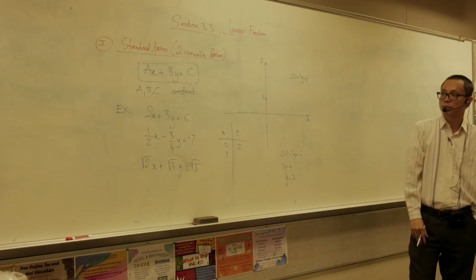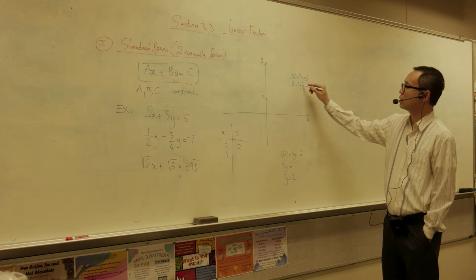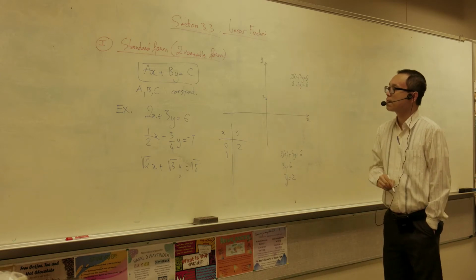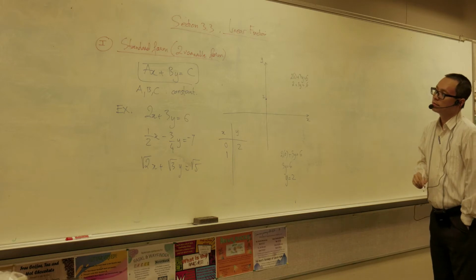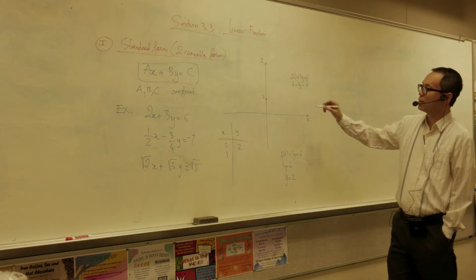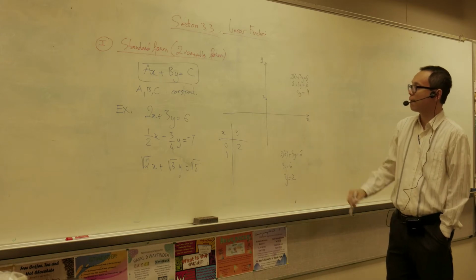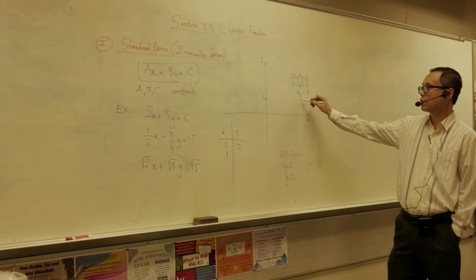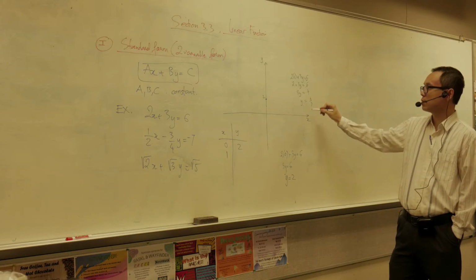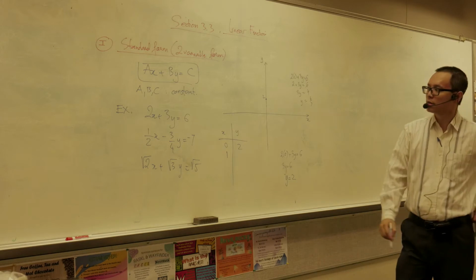I just put 1 in. 2 times 1 is 2 plus 3y equals 6. And that's not a nice number either. So subtract both sides by 2, so you have 3y equals 4, right? And y equals 4 over 3. 4 over 3 is about 1 1/3.